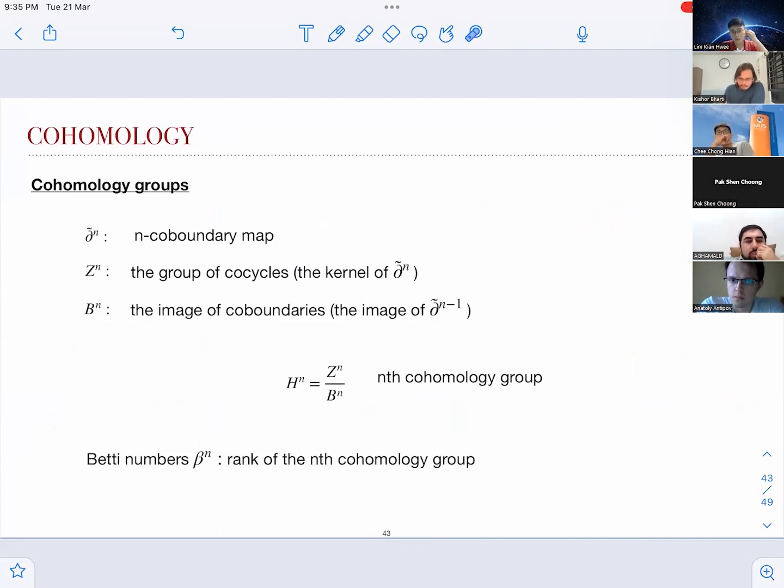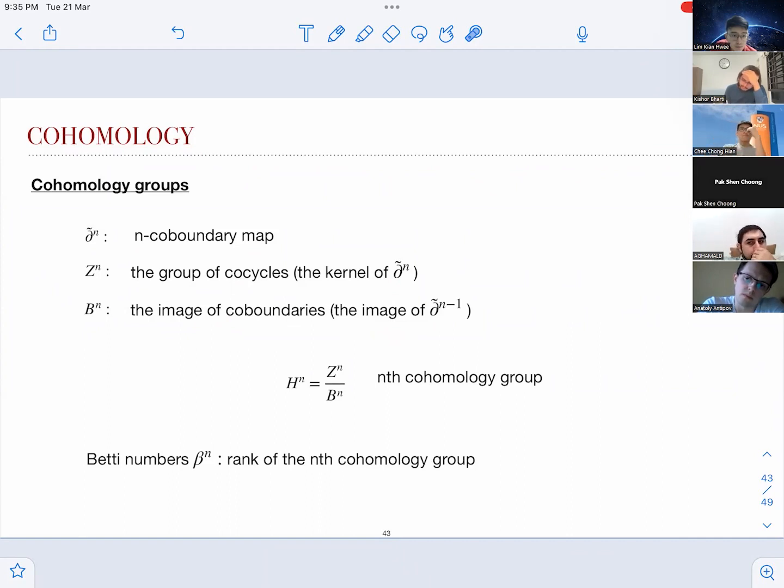Okay, so next we can define the cohomology group. This delta n tilde is basically the n co-boundary map. Zn is the group of co-cycles. You can define it as the kernel of delta n tilde, and Bn is the image of the co-boundary, basically the image of delta n minus 1.